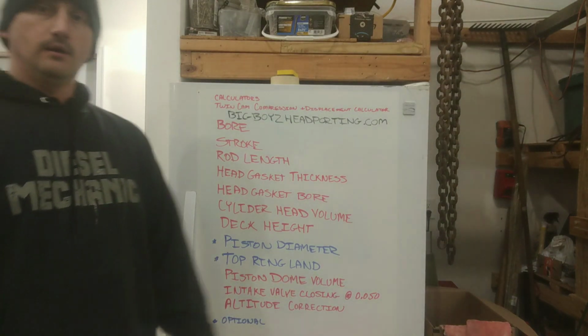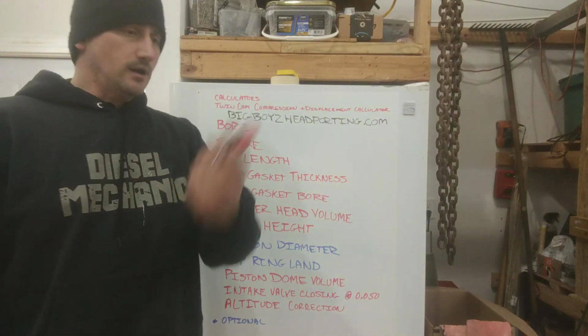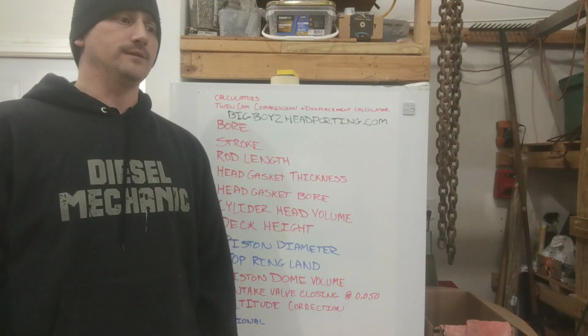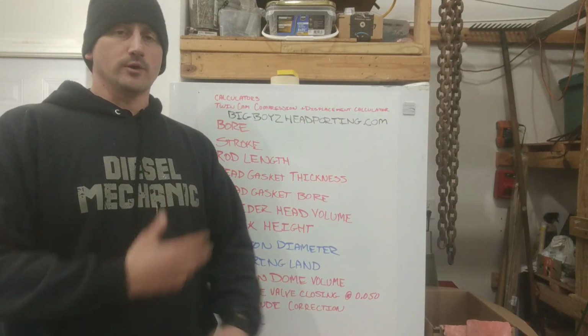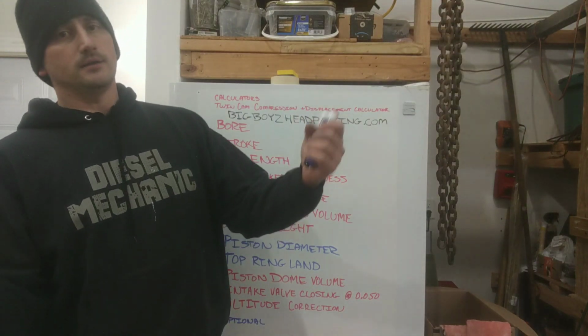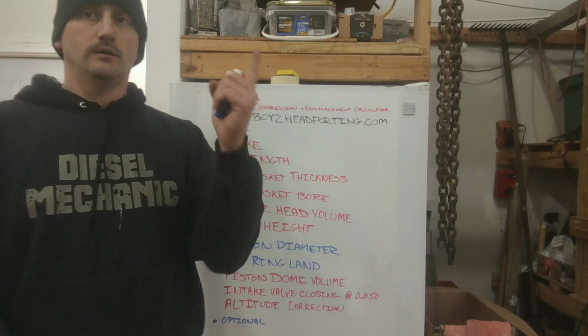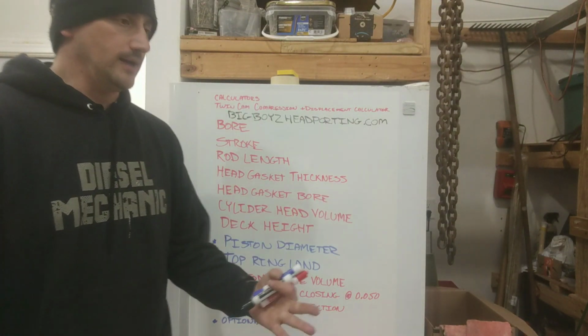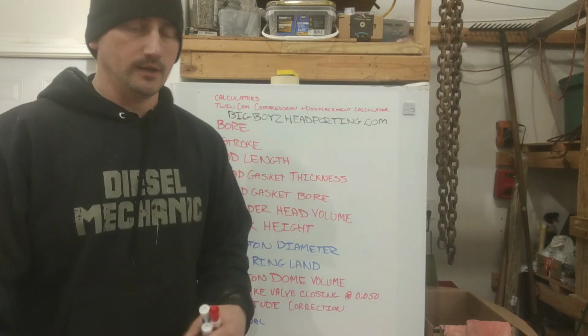So, in my other video, I was talking about CCP and how the engine would run with the amount of cylinder pressure you have. So, how do you calculate that? Well, you don't. You get online and you use a calculator. What calculator? Okay, first of all, let's go over a few things.